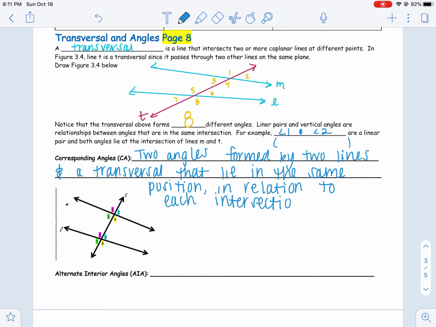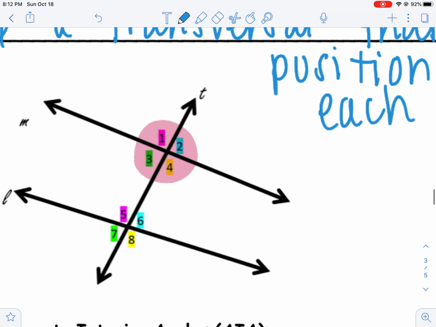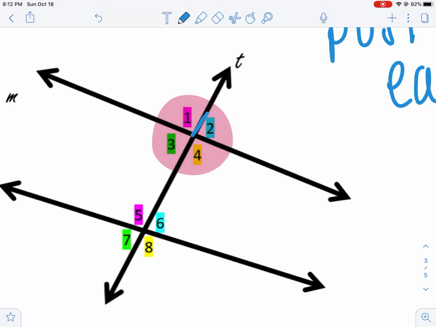Now, I know this sounds like a lot, but we've got a glamorous picture right here. Basically, how I think of it is up, down, left, and right. So if I look at this first set of 4, and I look at angle 1, I see that it is up and to the left, okay? So I'm going to think upper left position. Whereas 2 would be upper right position, lower right position for 4, and lower left position for 3, okay?